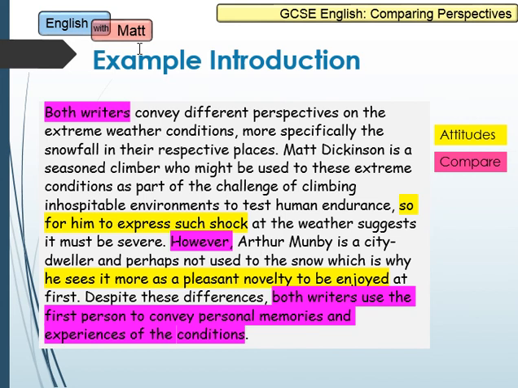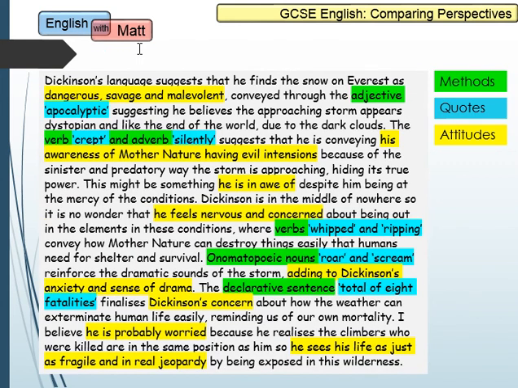The next paragraph is all about source A, and again I've color coded it into three colors. The green is the methods, the blue are the quotes, and the yellow is the attitudes of the writer or the perspectives or the viewpoints of the writers. So it says Dickinson's language suggests that he finds the snow on Everest as dangerous, savage, and malevolent, conveyed through the adjective apocalyptic, suggesting he believes the approaching storm appears dystopian and like the end of the world due to the dark clouds.